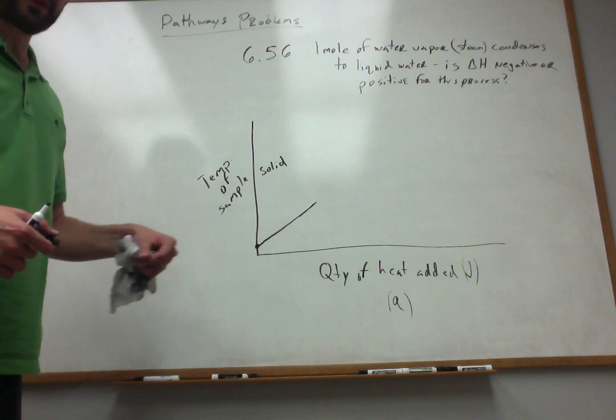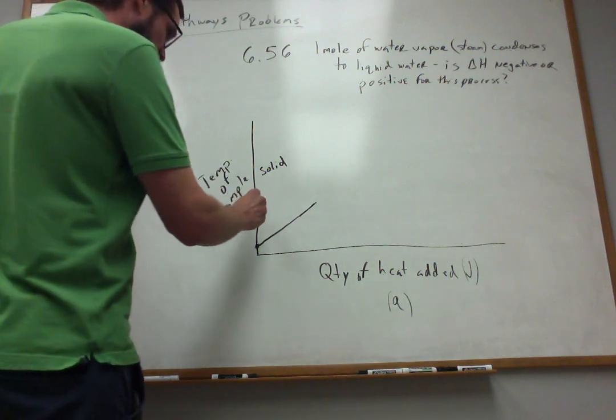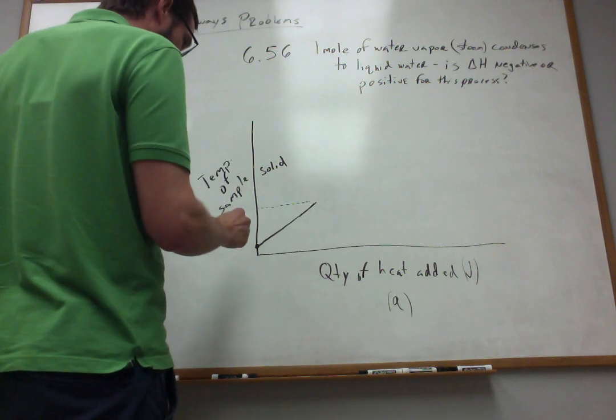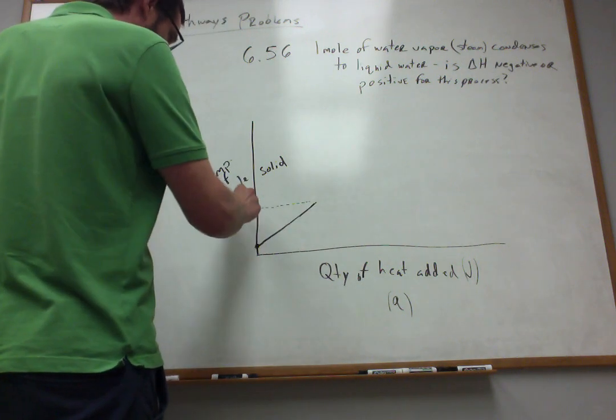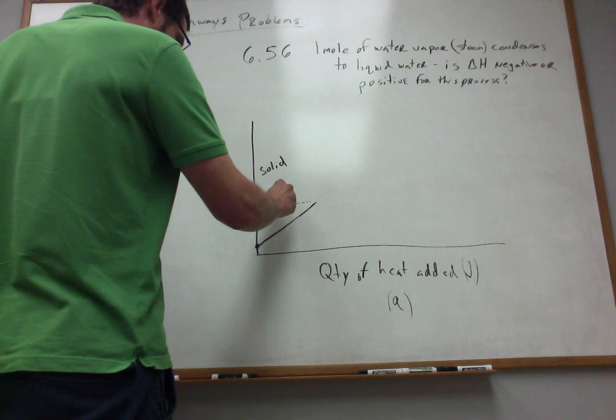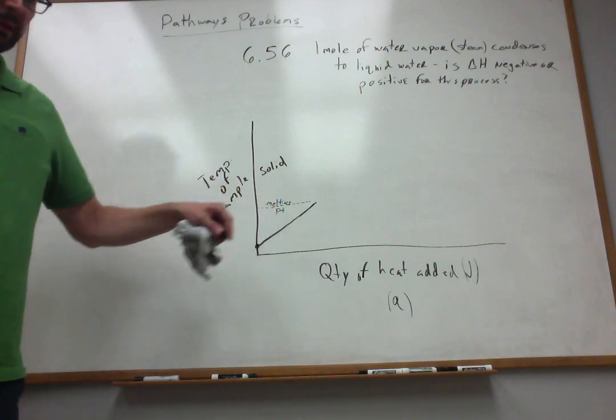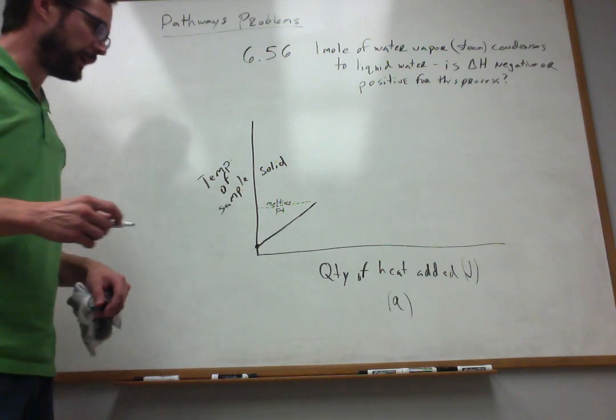So the material is still a solid. Now, an interesting thing happens when I get to about this point. How am I going to define this point? Well, this point, I'm going to say, is the melting point of my solid. That temperature corresponds to the melting point.